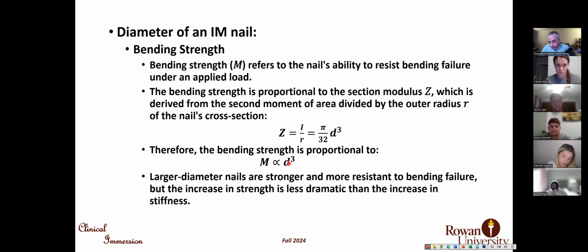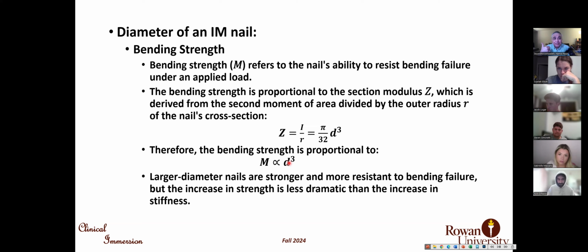Bending strength is the ability of the nail to resist bending failure. It means the ability to resist failure.